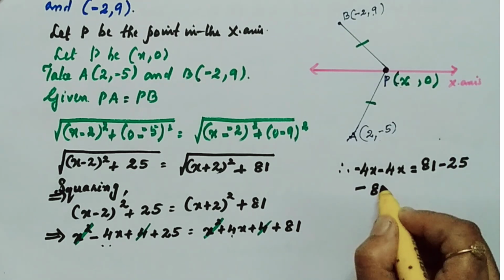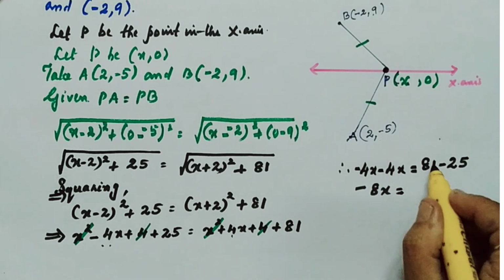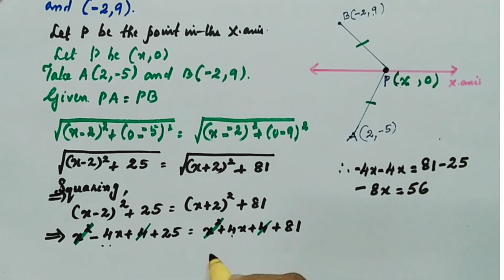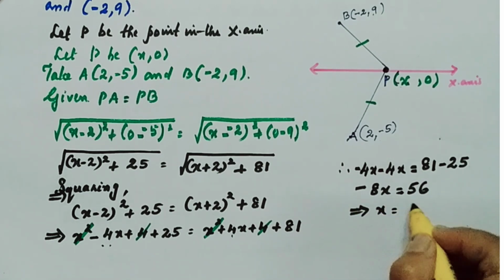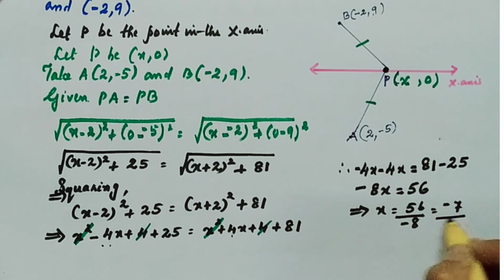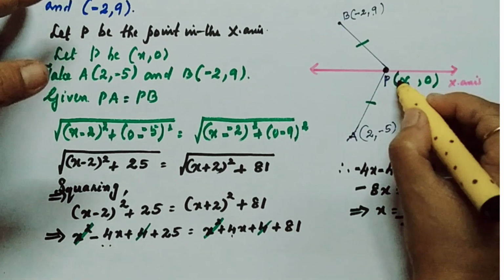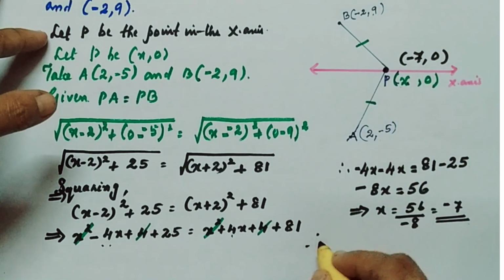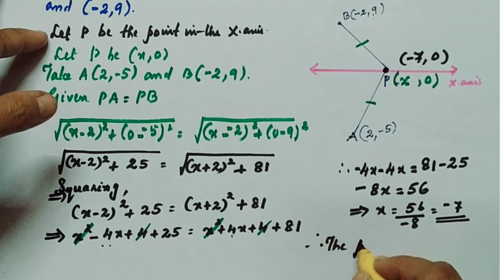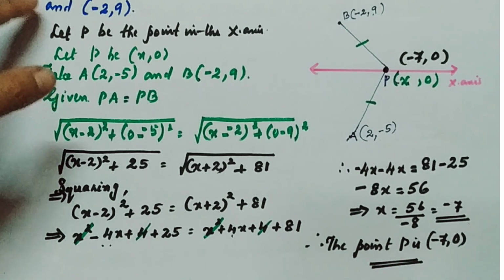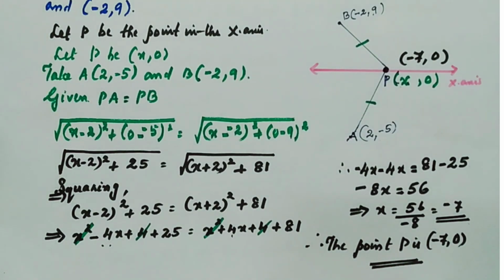So minus 8x equals 81 minus 25, which is 56, which implies x equals 56 by minus 8, which equals minus 7. x equal to minus 7 means that the point P is (minus 7, 0). Therefore, the required point P is (minus 7, 0), which is equidistant from the given 2 points. Thank you. Note down the homework questions.